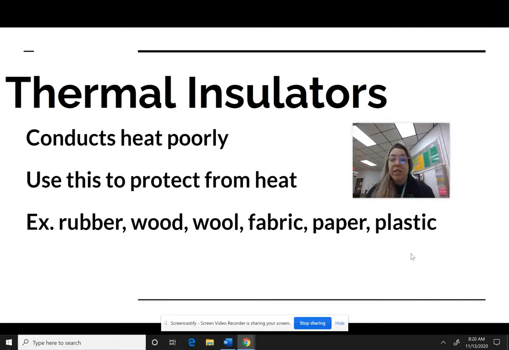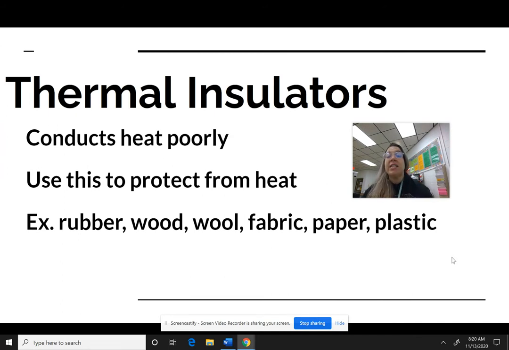All right, next we're going to talk about insulators, thermal insulators. These are things that do not conduct heat well. So these are things you don't want to make your lasagna with, okay? Basically, we use these to protect ourselves from the heat.